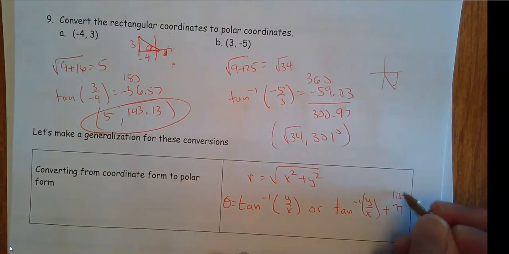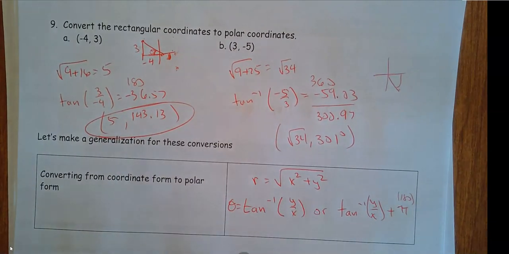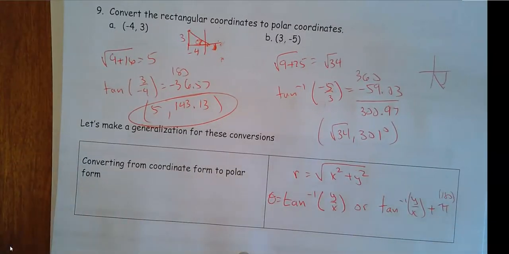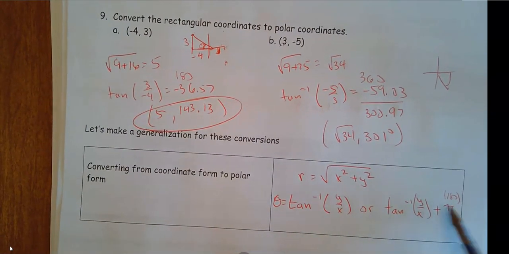I'll put 180 here in parentheses. So when it says or, you've got to figure out which one it is. It's the first one if you're on the right side, the first and fourth quadrant. If you're in the second or third quadrant, it's the second.